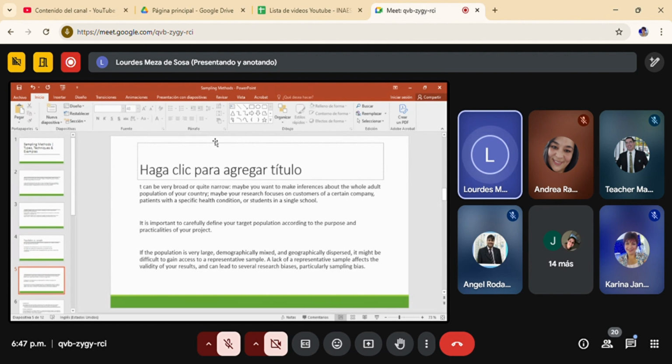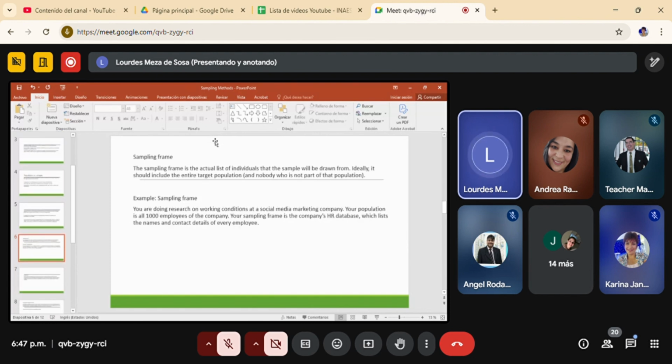Let's say I said I want to ask all teenagers, but for some reason, I decide not to include teenagers of a certain area of Asunción, for example, right? Maybe because I consider them, I don't know, not prepared or with higher education standards or whatever, but that could be a research bias. It could be considered a research bias there.